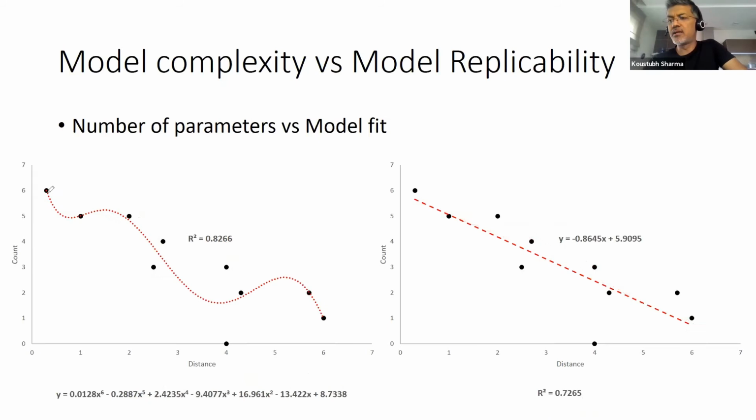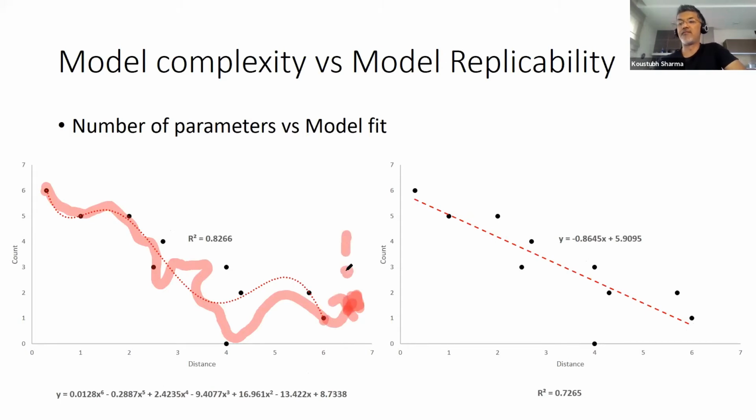There could be a much more detailed model further, which could be something like this. Fair enough, it fits perfectly, but does this line have the ability to predict a new point's location if I have another distance? Let's say I have another distance here. Can this model predict what will happen at this point? It will have a problem.